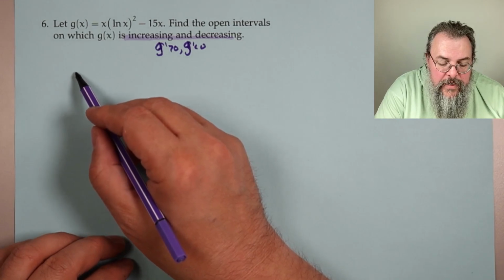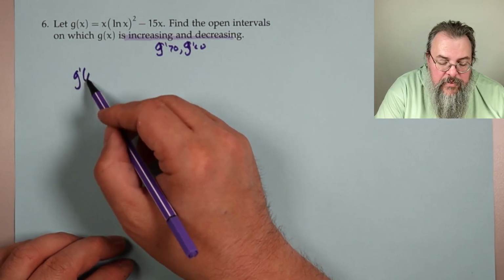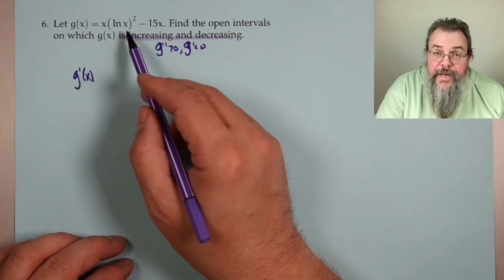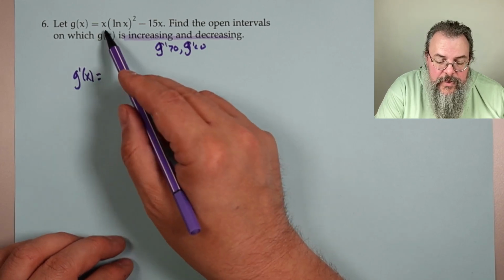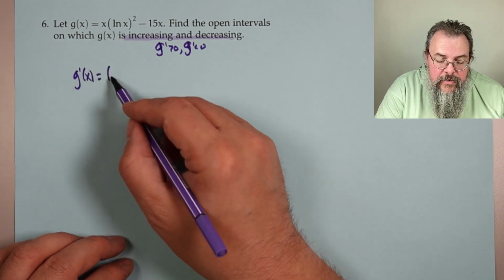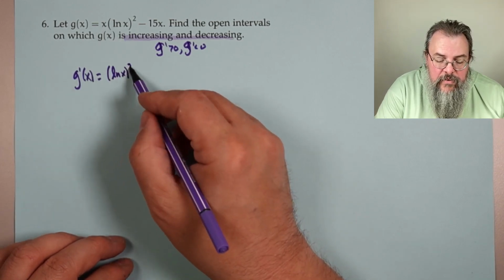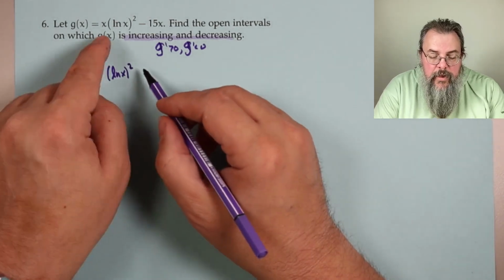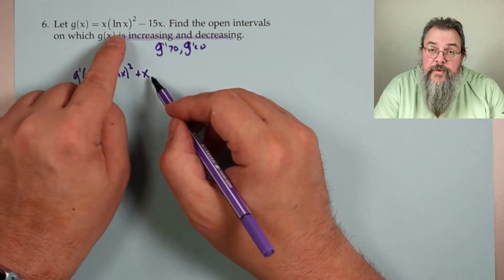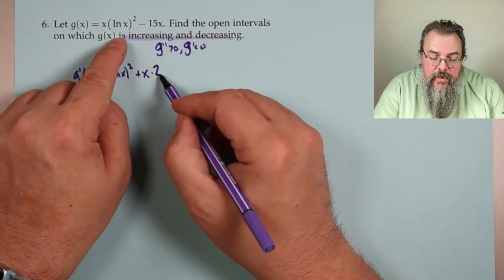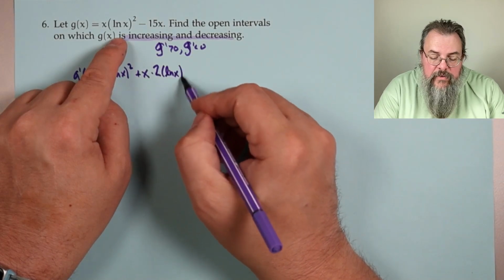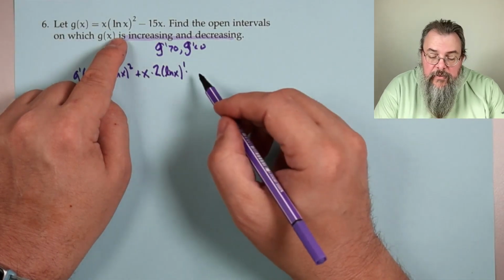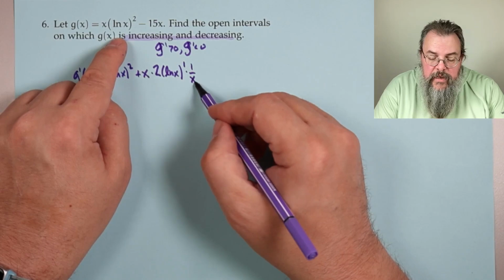Okay, so here we go. We have g prime of x. Well, product rule. The derivative of the first is 1. That leaves us with log of x squared. And then plus the first times the derivative of the second. So the 2 comes down. Log of x to the first times the derivative of log of x, 1 over x.